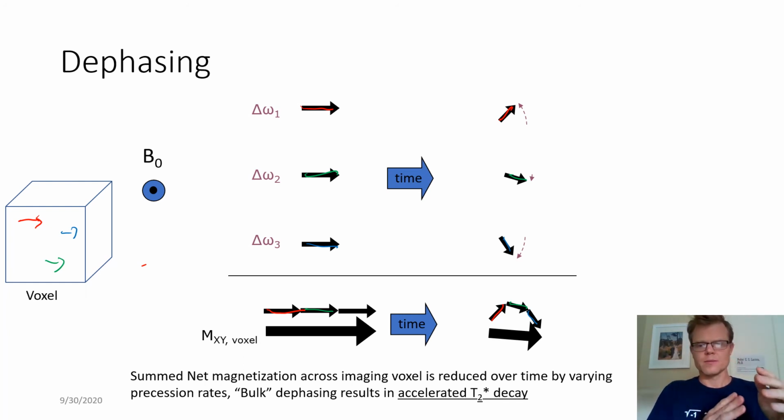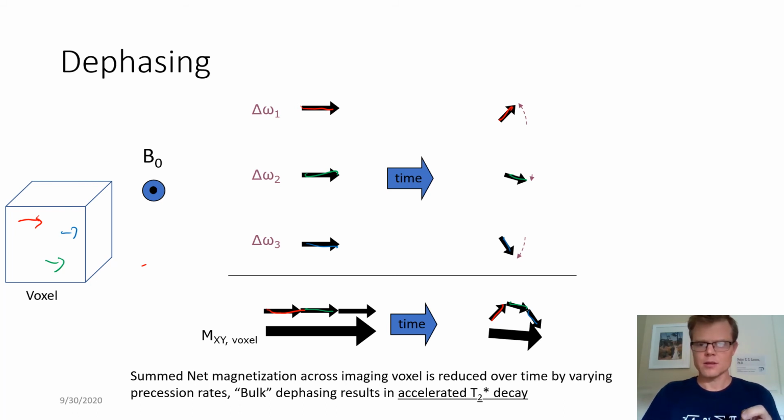Because they have different frequencies and they're rotating at different rates, they're going to add to each other incoherently and lead to this overall decay of the signal. That is illustrated here by the fact that the sum, the MXY voxel, has gotten smaller over time because they're rotating at different rates, so they have different phases, which is where the term dephasing comes into play.